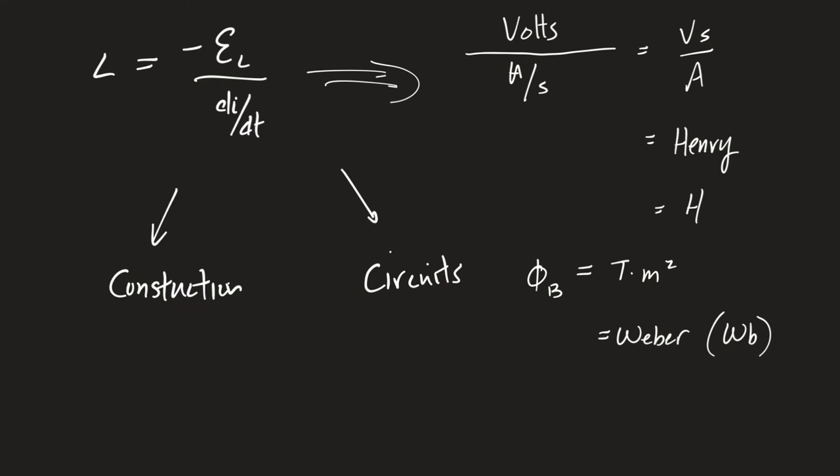Okay, so I want to remind you that this whole thing about the back EMF is about magnetic fields. So the more you could ramp up the magnetic field, the more likely you can get a measurable back EMF.